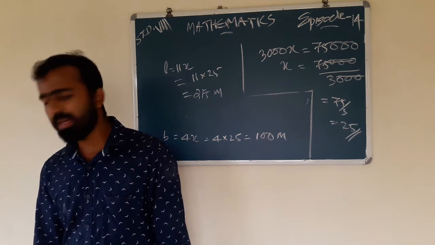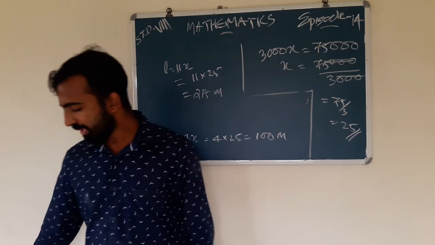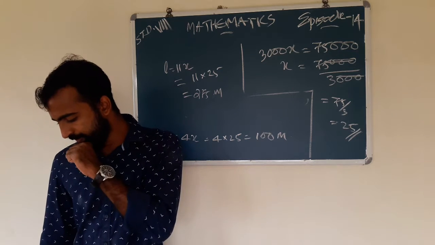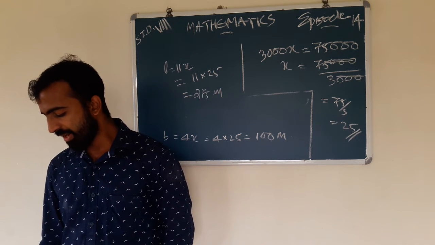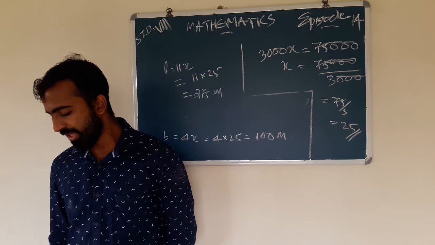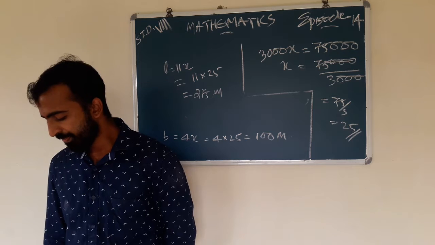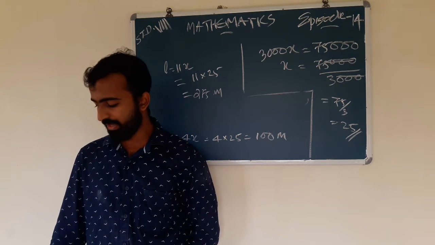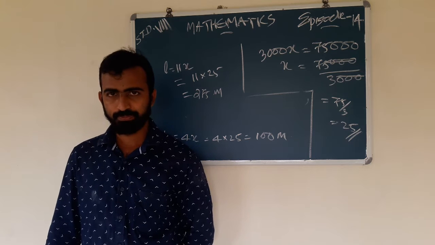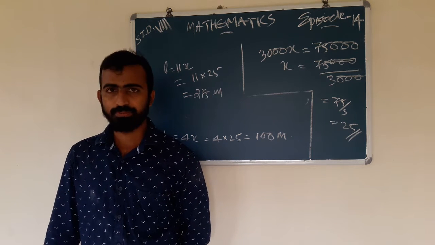The next one is the eighth question. What is our eighth question? Half of a herd of deer are grazing in the field and 3/4 of the remaining are playing nearby. The rest 9 are drinking water from the pond. Find the number of deer in the herd.